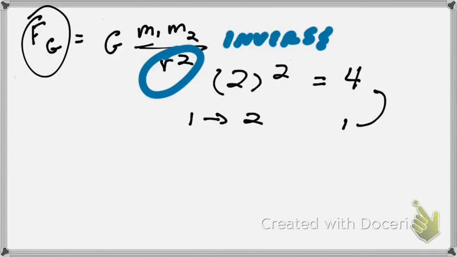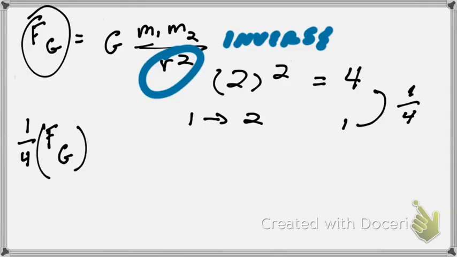So the difference between 1 and 4 is a decrease of 1 over 4, right? That 1 over 4 will be reflected on the other side as well, right? Because we increased the radius, now the gravitational force will be 1/4 of what it was before.